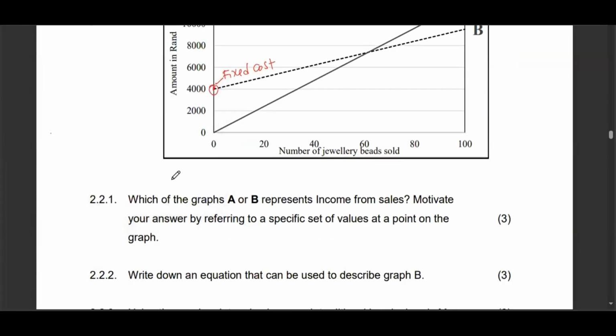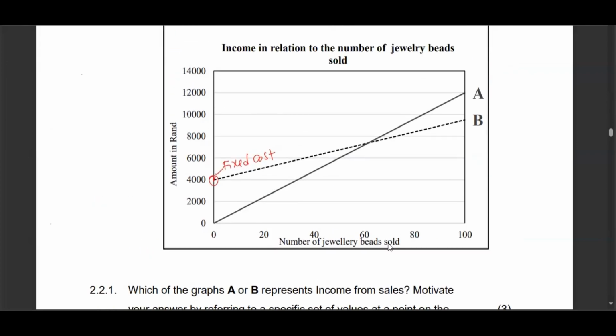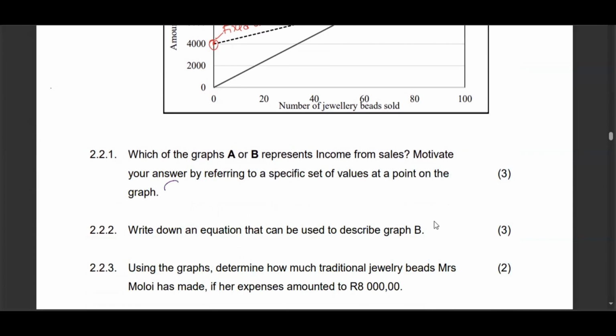All right, let's go there and see the questions. Which of the graphs, A or B, represents income from sales? Motivate your answer. I've just explained it. It will be graph A, because it starts from 0.